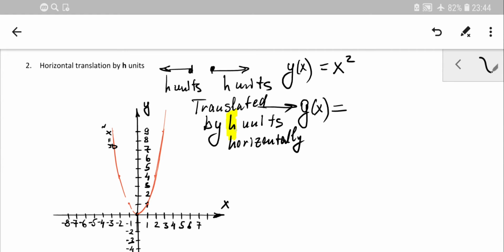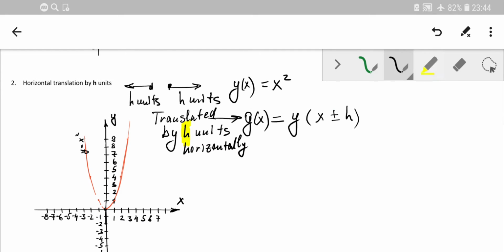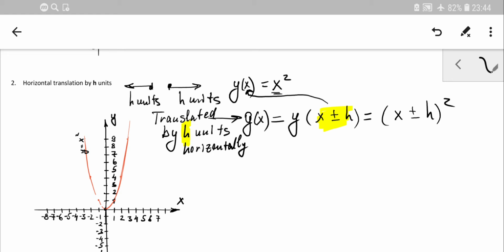So g of x, if it was translated by h units horizontally, should have the following pattern: x plus or minus h. If you put this new argument instead of x, you'll get x plus or minus h, which is squared. That's what you're going to have. So one more time, g of x will have the form (x plus or minus h) squared.